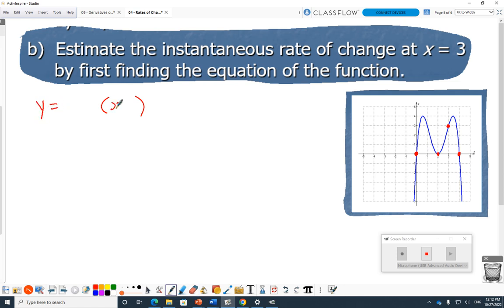X minus 2, yes, that's a factor right there. This x minus 2 is a 0. I'll come back to that. I'll pretend I didn't notice that. What's the next 0? 4, so what's its factor? Yeah. We skipped one, didn't we? We jumped to an easier one. And then we jumped to this one, which is easy too.